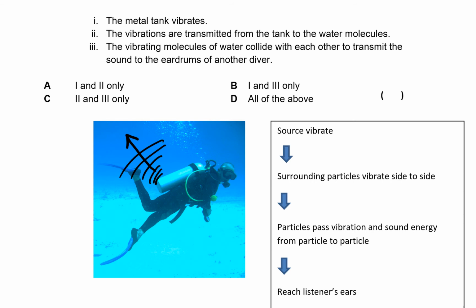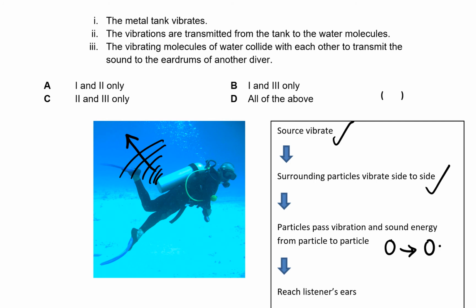diver. So all transmission of sound starts with the source vibrating, and then when the source vibrates, the surrounding particles around it, it can be air, it can be liquid, it can be even a solid, anything that surrounds that source will start to vibrate side to side, and then the vibration will be passed from one particle to the next particle.